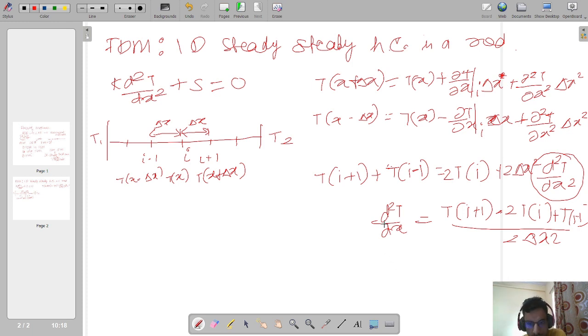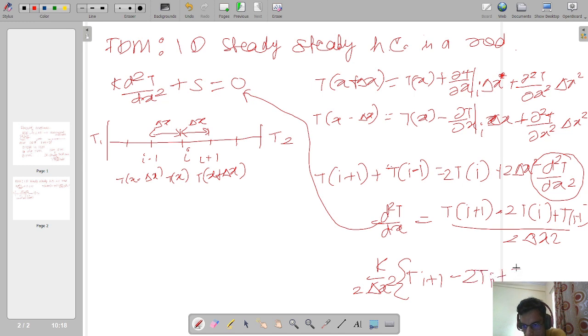If we put this second derivative in this equation, we get k over delta x square times T(i plus 1) minus 2T(i) plus T(i minus 1), plus S equal to 0.